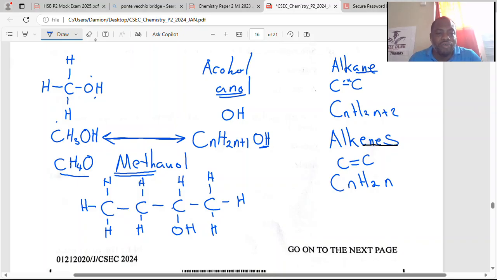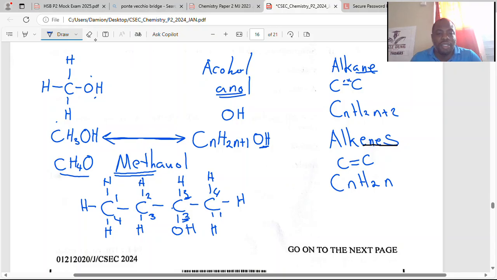Wonderful. If you were numbering that way, we see it is on carbon number 3, but you need to remember you number in such a way that it ends up on the lowest carbon possible. And so here, that makes a difference.